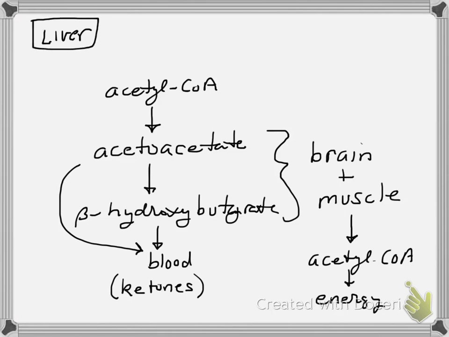Now, the question is, in the liver, we need a substrate. We need a source of acetyl-CoA. So what is the source of acetyl-CoA? Well, remember, we are in a fasting, essentially starvation state. So that means we have substantial glucagon signaling. Under fasting conditions with glucagon signaling, what is a major energy substrate for liver?